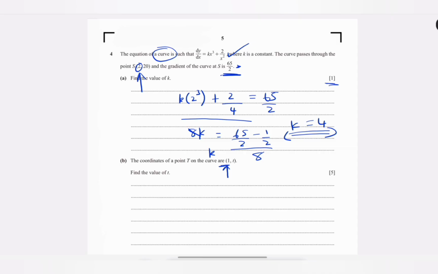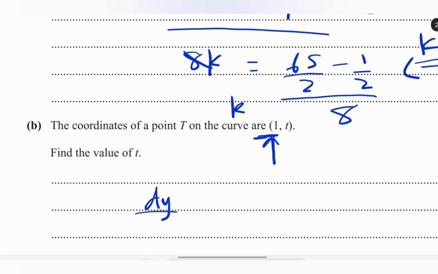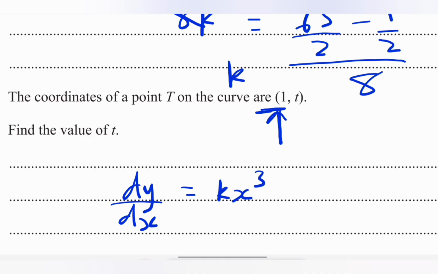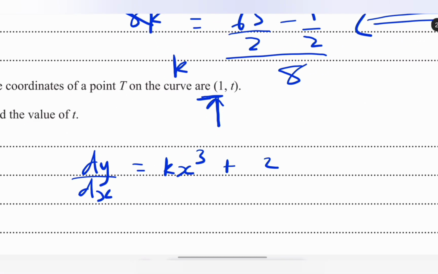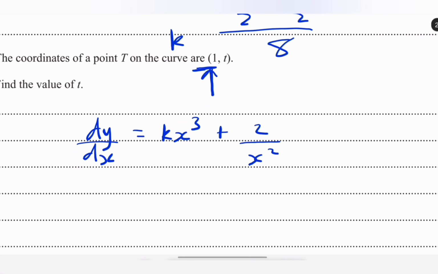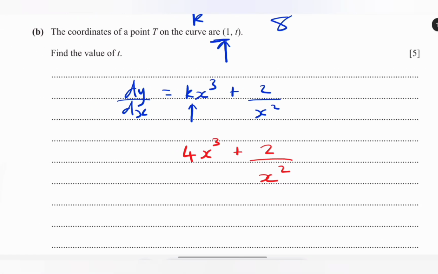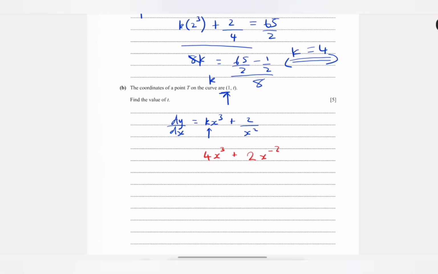And so we have dy/dx is equal to kx to the power 3 plus 2 over x squared, right? And we know that our k is 4. So write this as 4x to the power 3 plus 2 over x squared, which we can write as 2x to the power minus 2, like this.